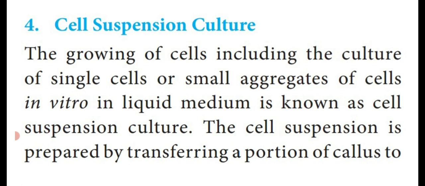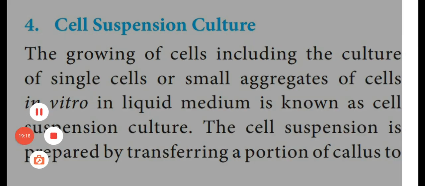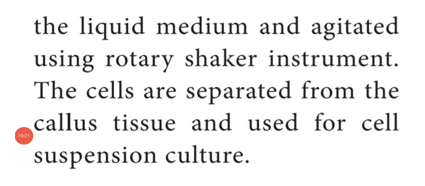So instead of protoplast, we are placing a single cell in a liquid culture medium and producing a mass of cells, which is known as cell suspension culture. Cell suspension is prepared by transferring a portion of a callus, an unorganized, undifferentiated mass of cells, to the liquid medium, and it is placed in a rotary shaker instrument.